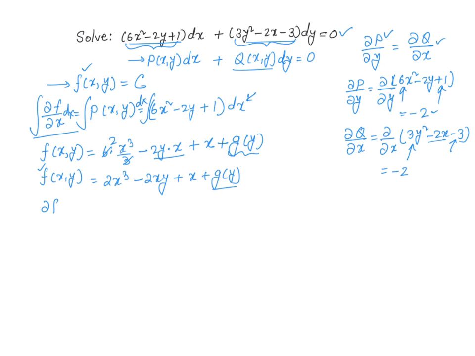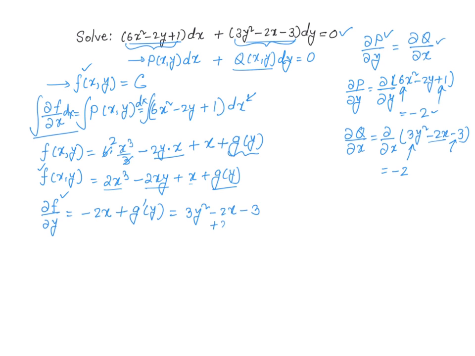So del f over del y is equal to, the derivative of 2x cubed with respect to y is 0, the derivative of negative 2xy with respect to y is negative 2x, the derivative of x is 0, and the derivative of g of y with respect to y is g prime of y. So this must be equal to Q of x comma y, which is 3y squared minus 2x minus 3.